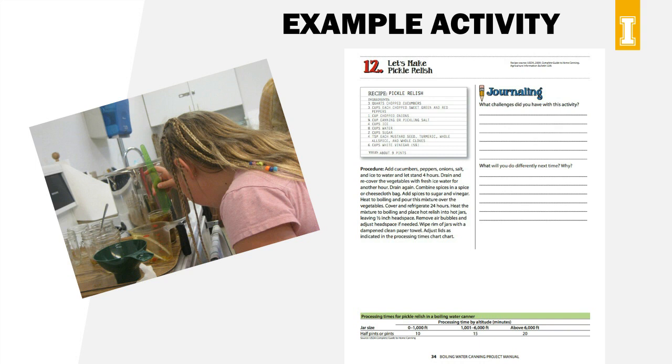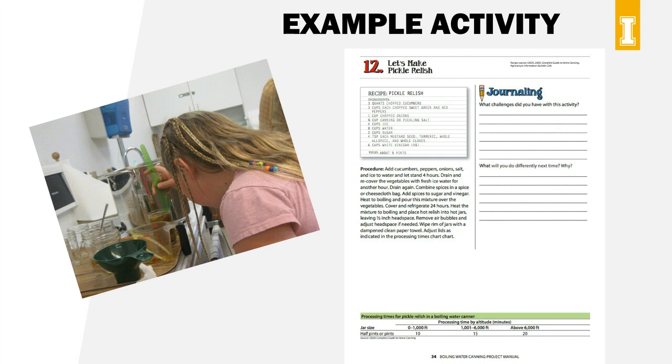The journaling questions. This particular activity shows our two main journaling questions that will be pretty much on every single activity. And it's that, what kind of challenges did you have and what would you do differently? And then sometimes you'll see added journaling questions such as, what type of fruit or vegetable did you choose to preserve? And then there could be some other ones in there as well.